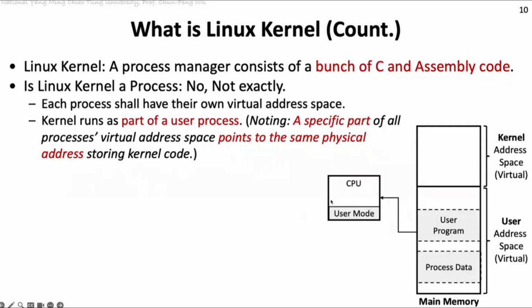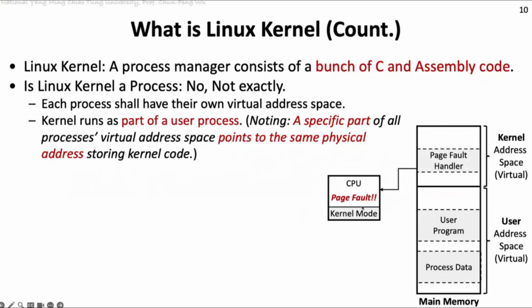You can think of it this way: when the CPU is in user mode, it can access the data in the virtual address space for the user. But when there is a page fault and the CPU switches into kernel mode, it can access the data in the kernel address space, which means the CPU is now running the operating system.